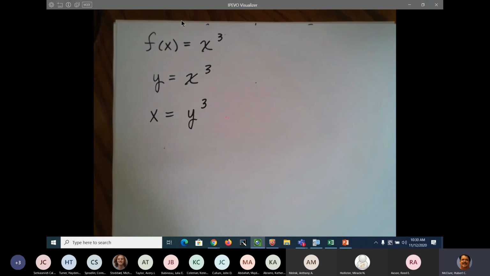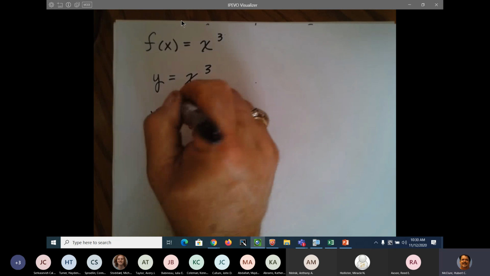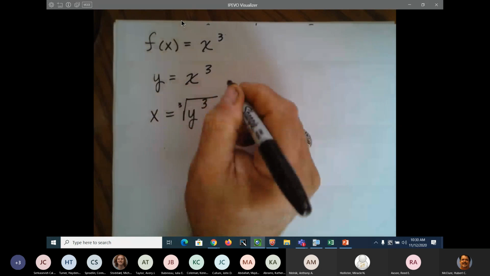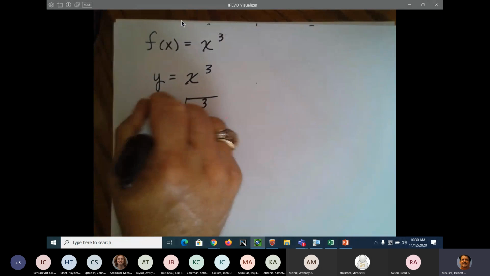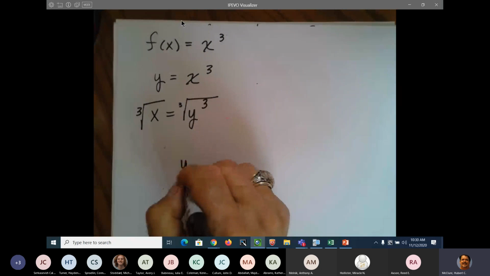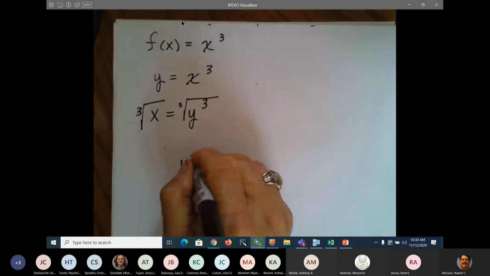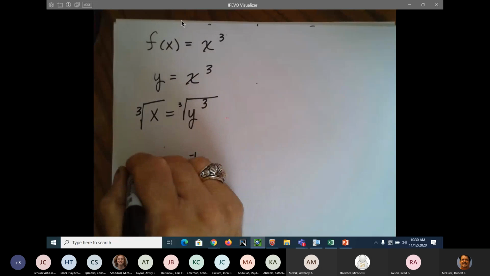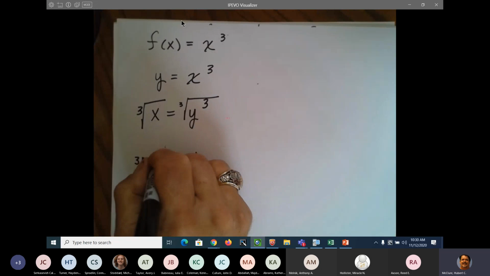And now you're going to solve for y. Well, if I want to get y cubed undone, I'm going to take the cube root. So y inverse is equal to the cube root of x.